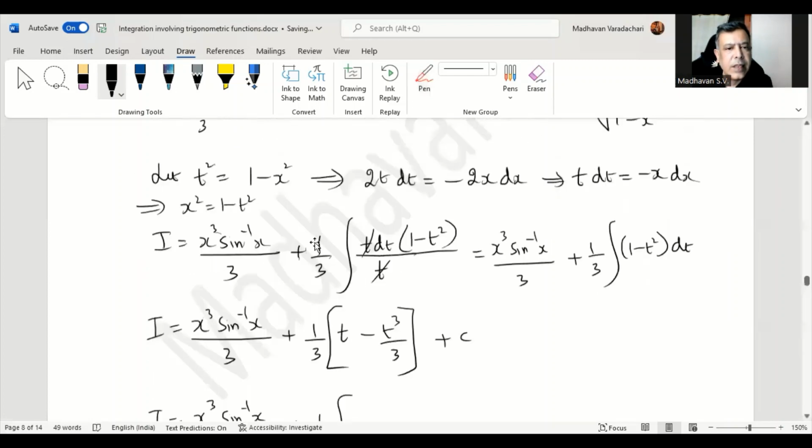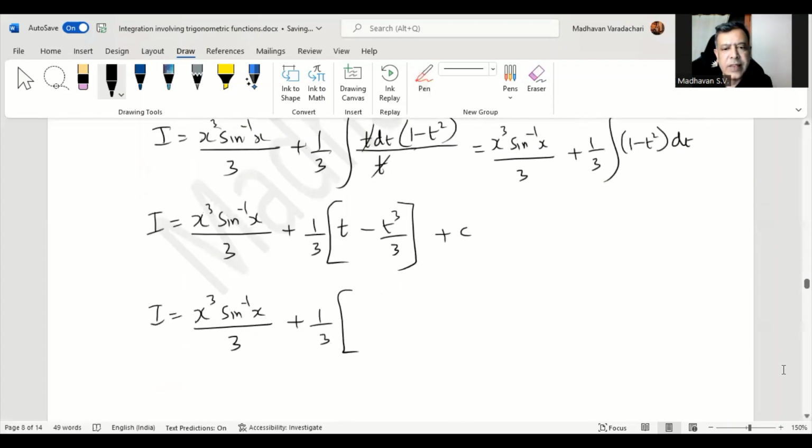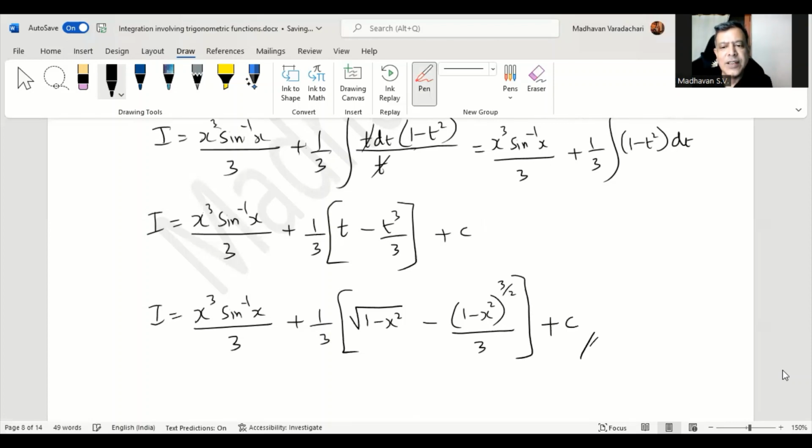We know t is nothing but square root of 1 minus x square, minus t to the power of 3, which means 1 minus x square to the power of 3 by 2, divided by 3. Finally, you add the constant c. That will be the result of this particular problem.